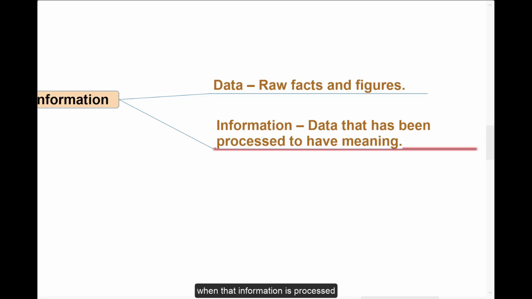When that data is processed within a transaction processing system into, let's say, a set of management accounts, now that's information. We can make some decisions based on information. It could be variances, it could be profitability for the last month, etc.